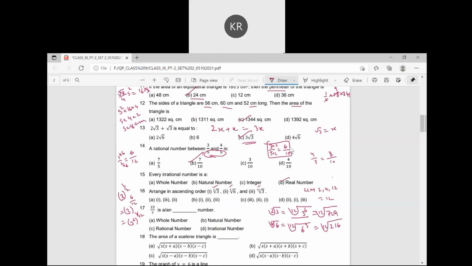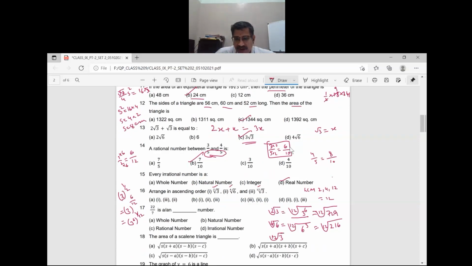Now this 12th root of 3 is already there. There is no need of raising it again or changing its index. Now compare which is biggest, which is smallest, in ascending order. Option C, sir. Perfect. Arranging them in ascending order, smallest, next bigger, and biggest, C is the right option.